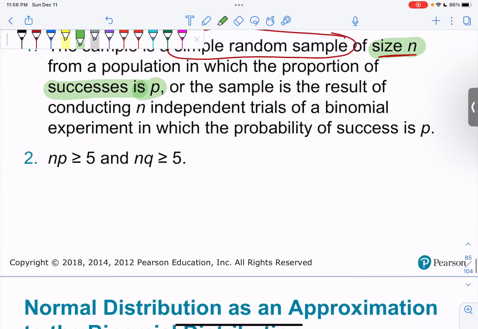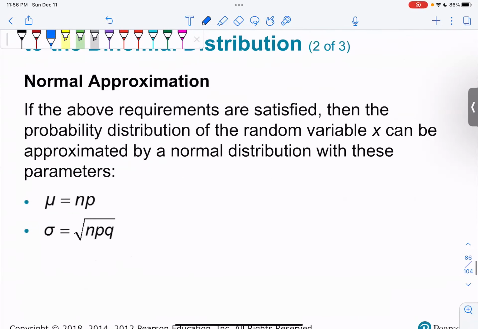So then the second step, we have to check that n times p is greater than or equal to 5, and also n times q, the probability of failure, is greater than or equal to 5. If we have those, then the next step, we find mu and sigma that we will use for the normal distribution, using mu and sigma for the binomial distribution. Remember, this is the mu and sigma for the binomial distribution.